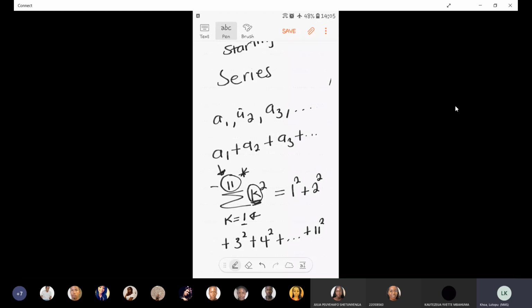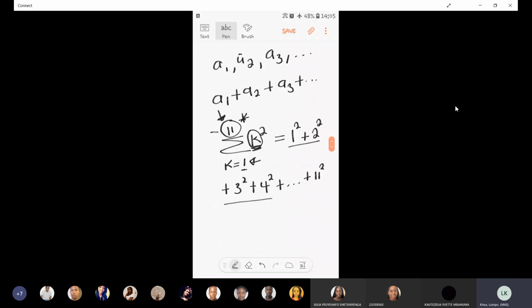So the index is the one that is increasing until you get to your endpoint. So this is the long way of writing your summation, and then what I have over here is the shorter, more condensed way of writing the summation.